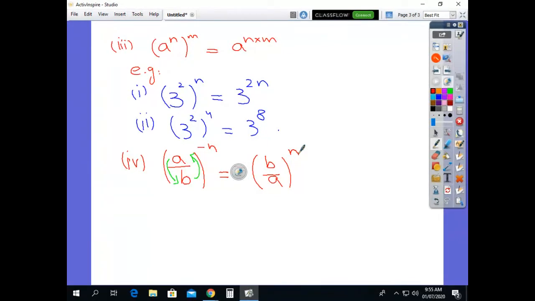If we take numerator into denominator or denominator into numerator, then power becomes positive.